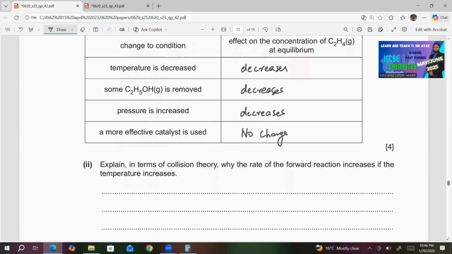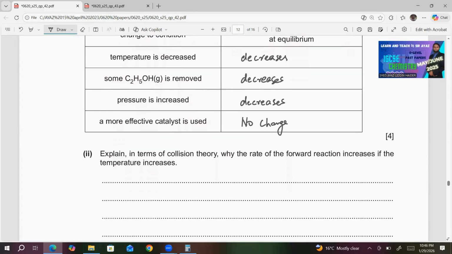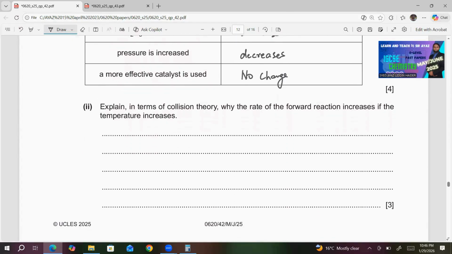To explain in terms of collision theory why the rate of the forward reaction increases if the temperature increases. Now it's a 3-mark question. So they have already mentioned that the rate of the forward reaction increases. So first of all, what you are going to do?